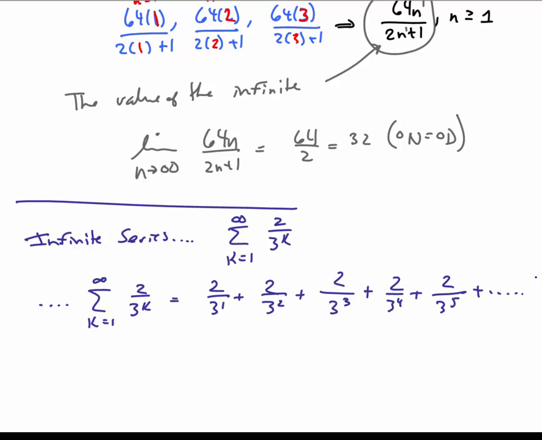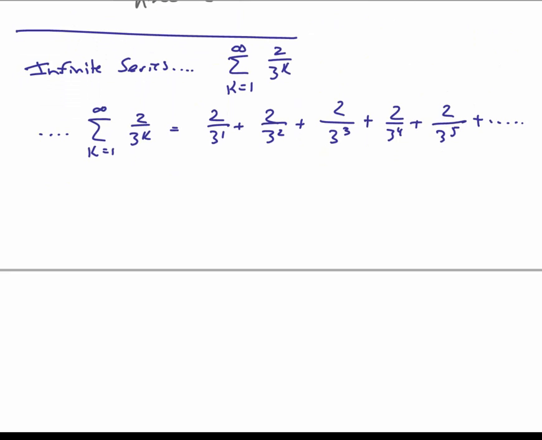It looks to me like these terms are getting smaller and smaller, so 2/3, 2/9, 2/27. But I know the terms are getting smaller, and I'm wondering what the sum is going toward. So let's look at the sequence of partial sums to see if we can predict that. S sub 1 is just 2/3.